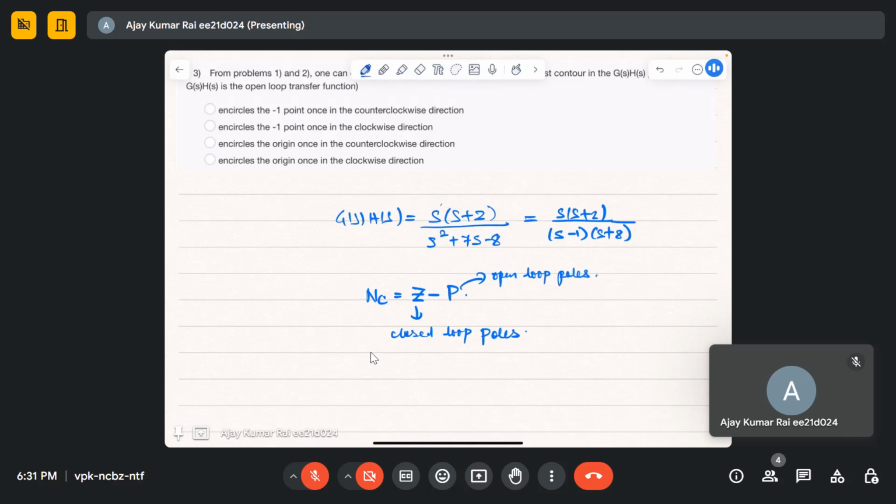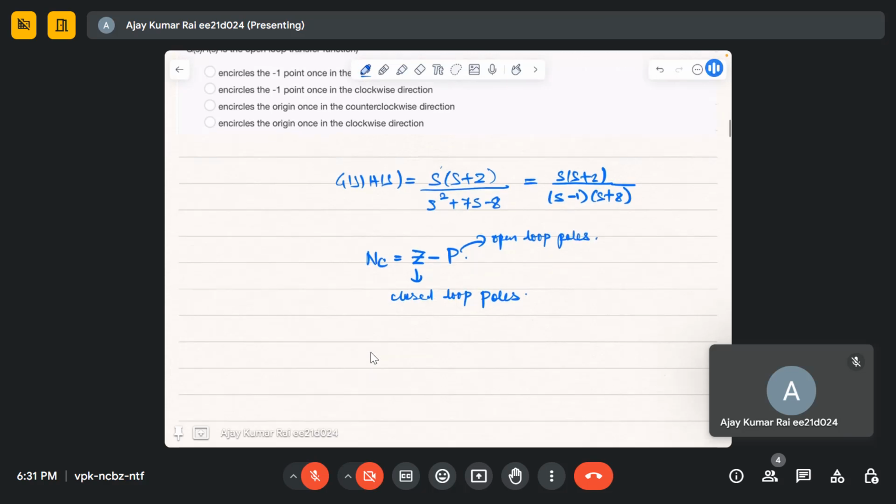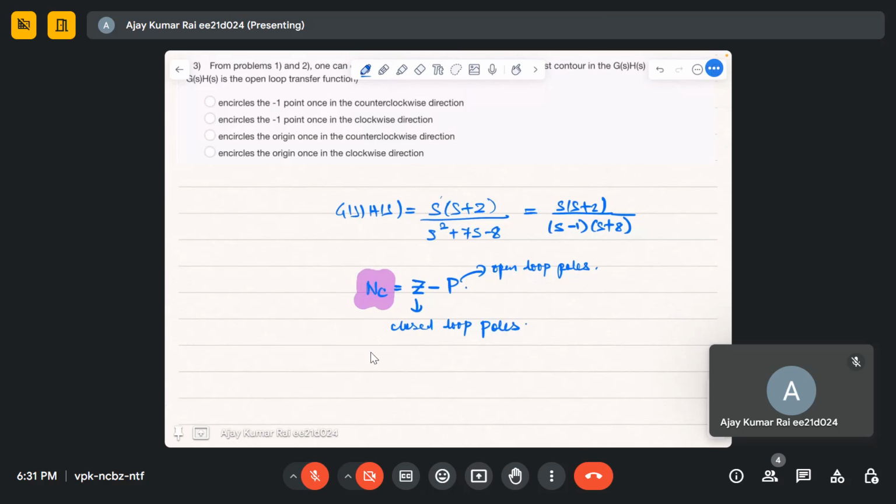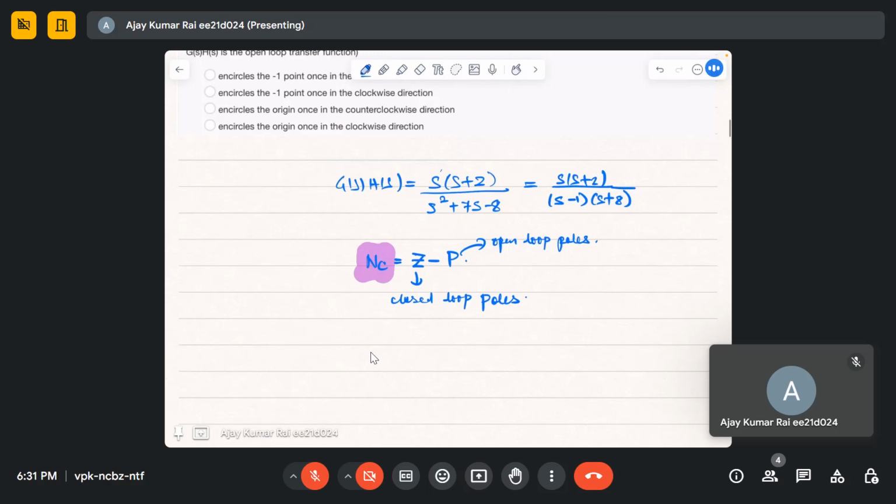This you have to find out. And in the question, what is asked is this N_C, because we have the information about Z and P, since we have calculated poles for the open loop as well as closed loop transfer function. Very simple.